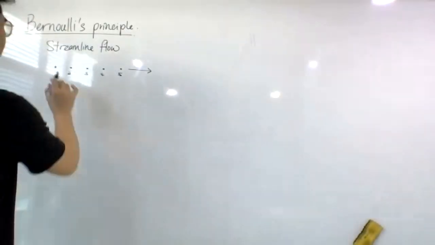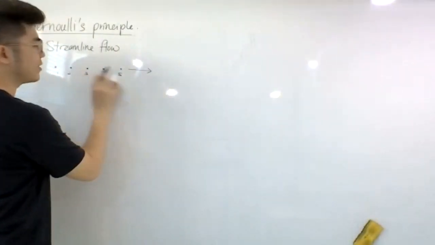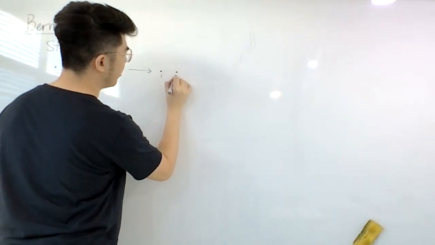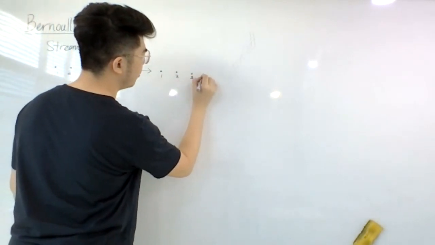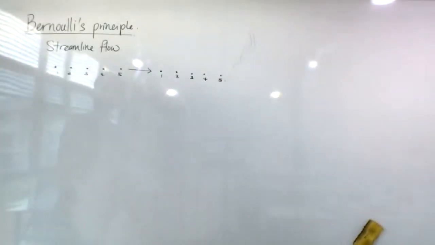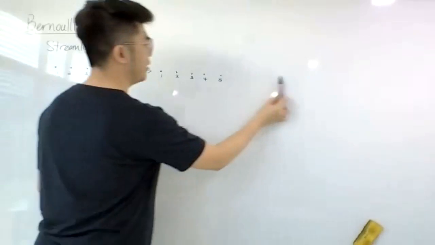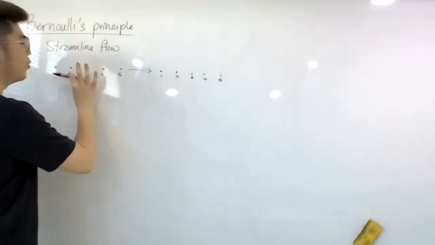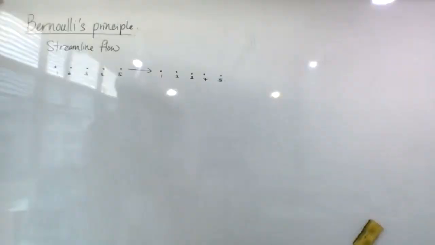That means after a certain period of time while it is flowing, the particles remain in this order, 1, 2, 3, 4, 5. So every second, the order of the particles always remains in the same position.